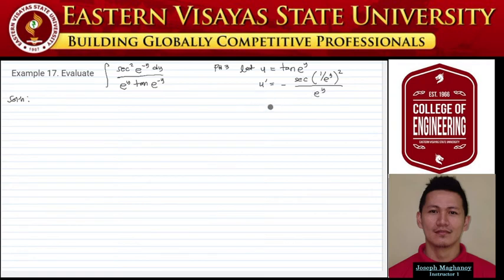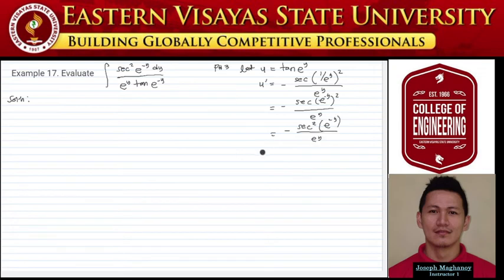Or we can rewrite this to simplify: secant squared quantity e raised to negative y all over e raised to y.